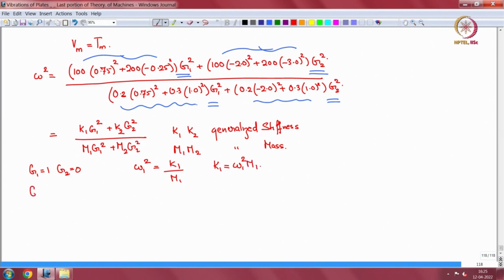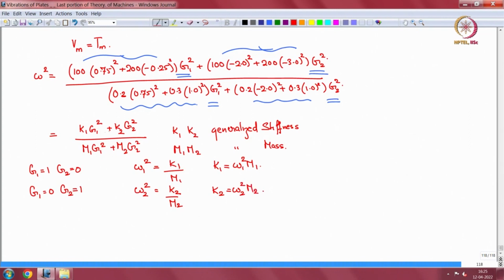Similarly, if we select g1 as 0 and g2 as 1, then we get omega 2 square equal to k2 by m2, such that k2 is equal to omega 2 square m2.